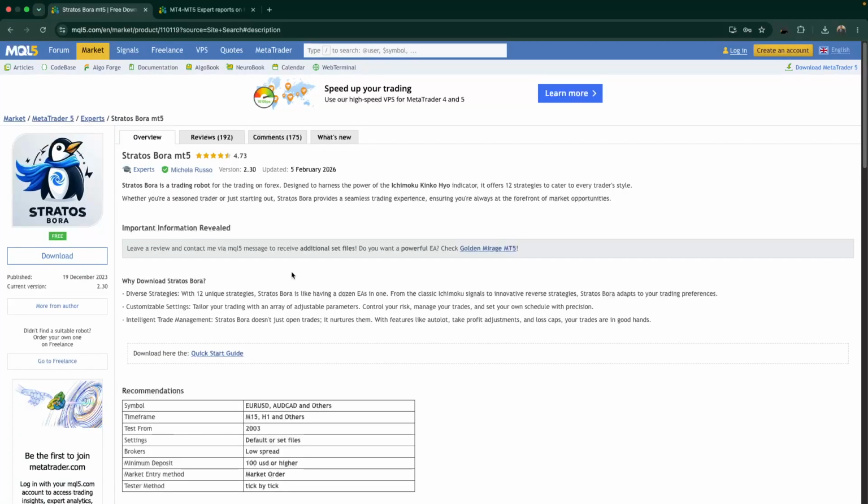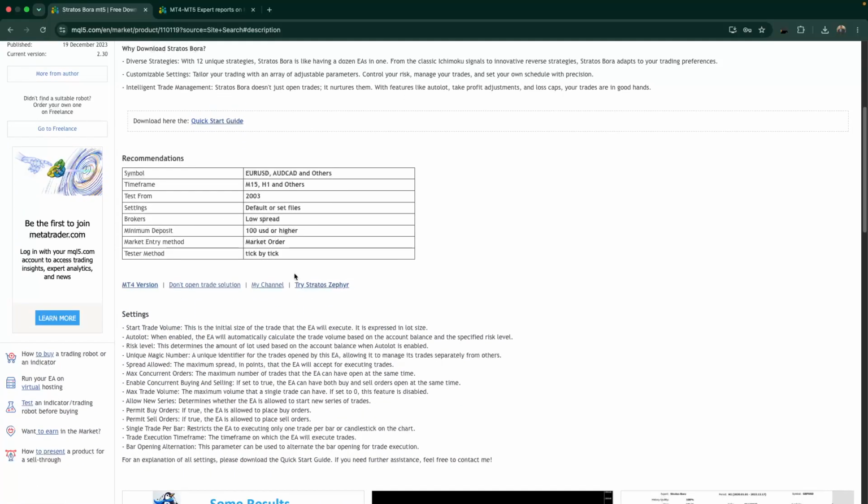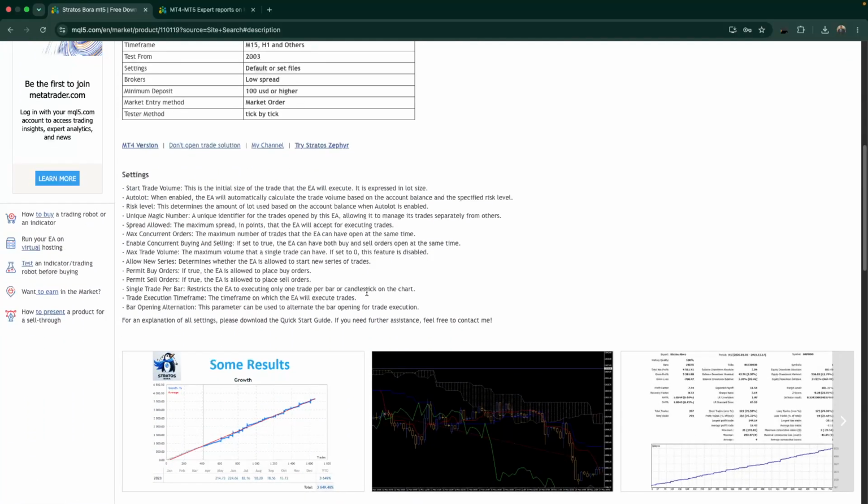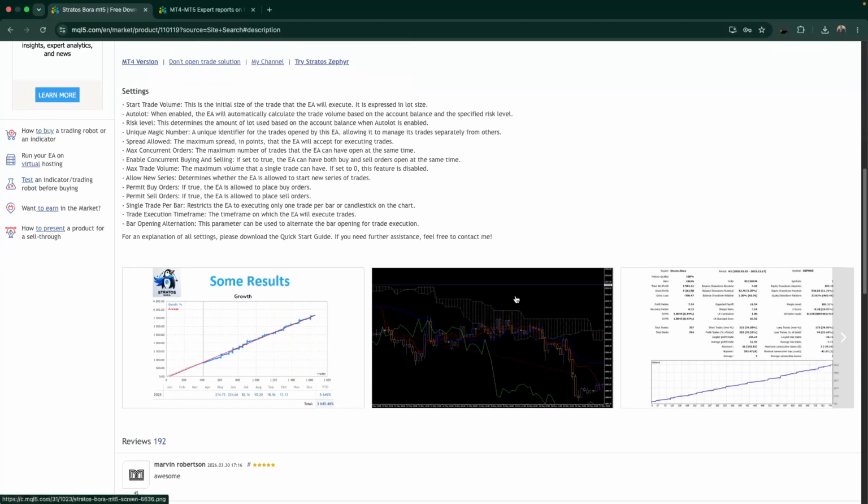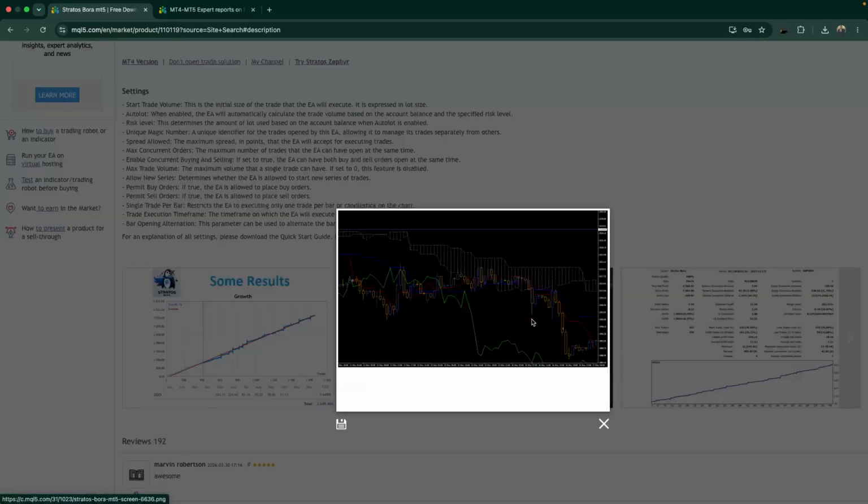And the seller positions it as an EA that uses this Ichimoku to deliver optimal results. It also shows strong backtests with high win rates and solid profit factors. I ran a full test on EURUSD to see the test and the real performance of this expert advisor.